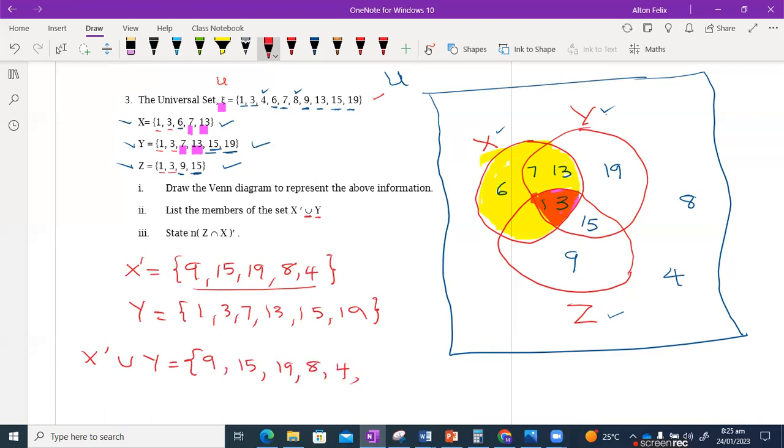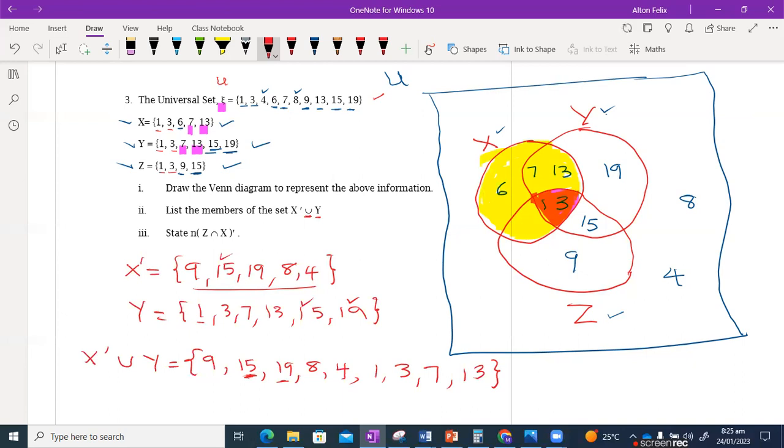And let's just continue putting the rest of the members now. 1, 3, 7, 13. 15 is already mentioned up here, so we need not write it again. 19 as well is already stated here. And we can simply close or end the set like that. So that would be X complement union Y.